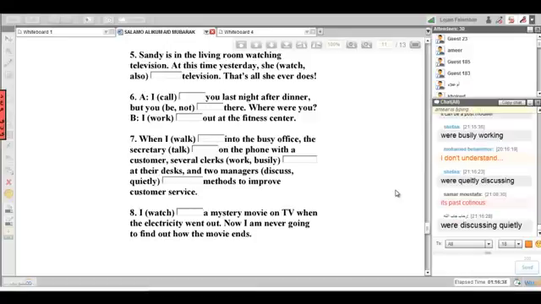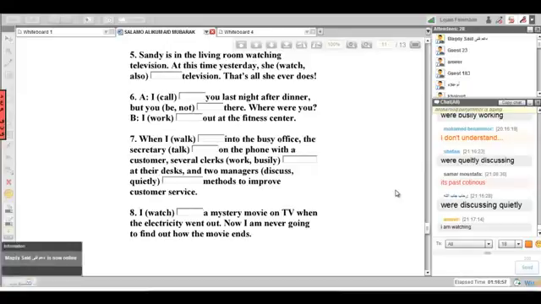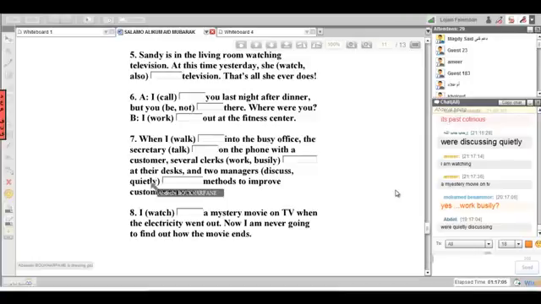Okay, 10. It's strange that you call because I think just about you. Okay, it's strange that you called because I was just thinking about you, or I was thinking just about you. But it's better to use I was just thinking about you. Rihab Jaballah, when we use I, we use was and not were.